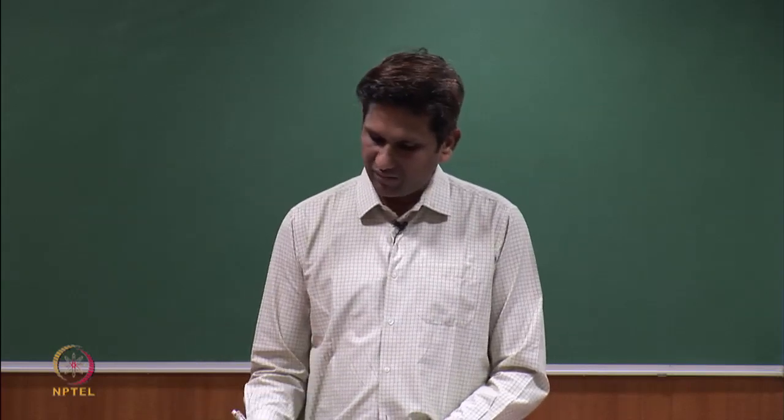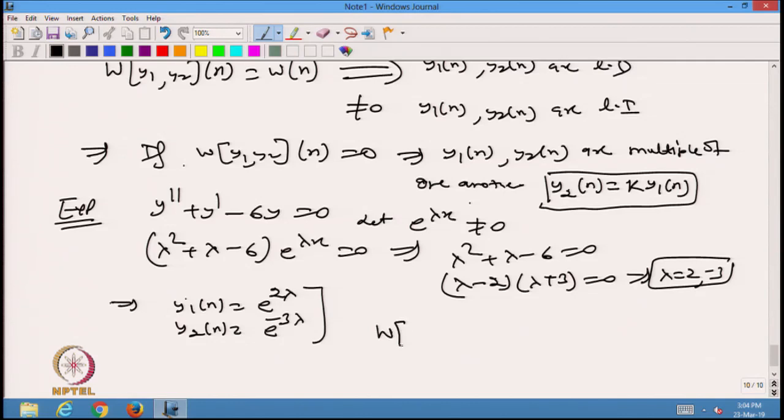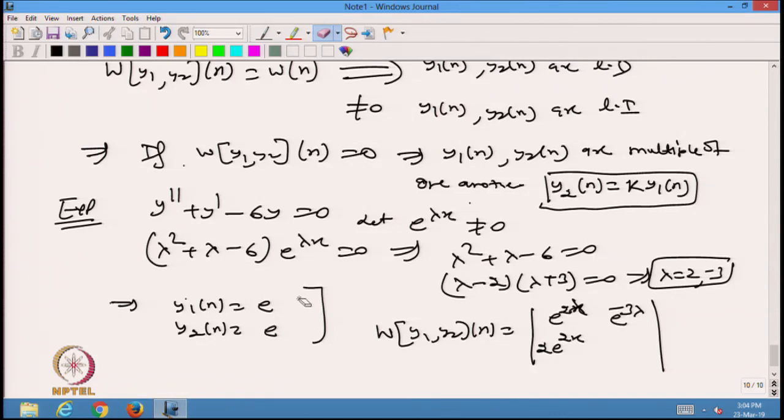So, let us try to find their Wronskian of y1 and y2. This will be the determinant with first row e to the 2x and e to the minus 3x, and the second row with their derivatives.